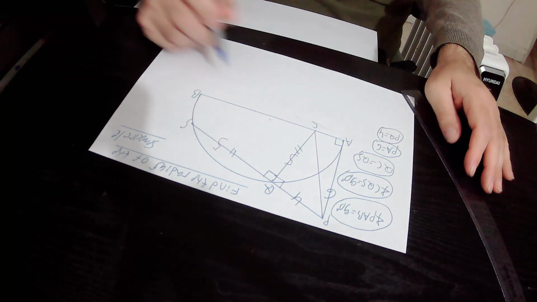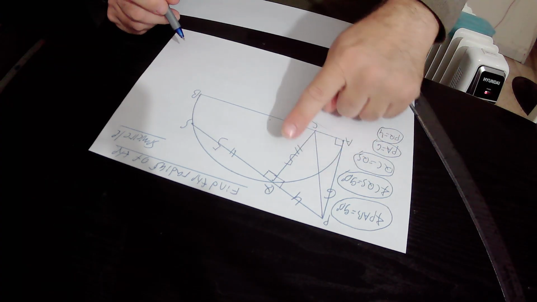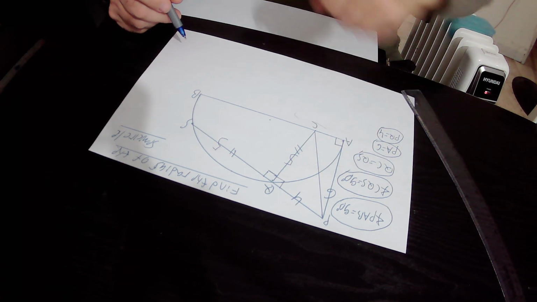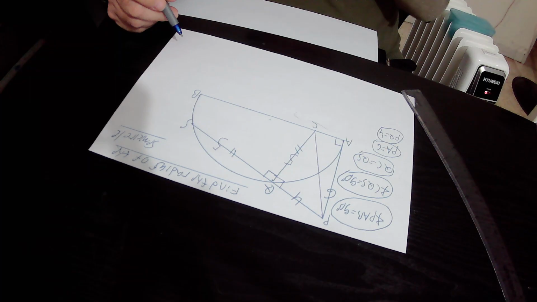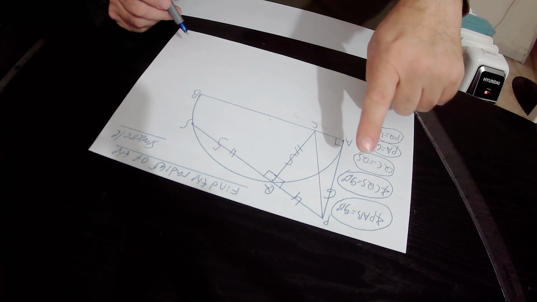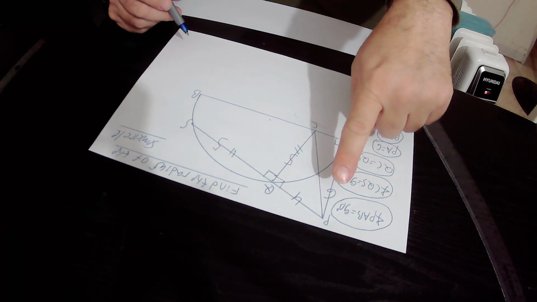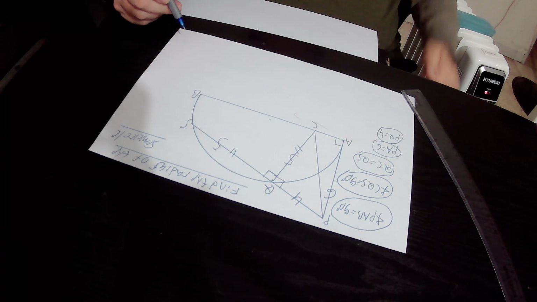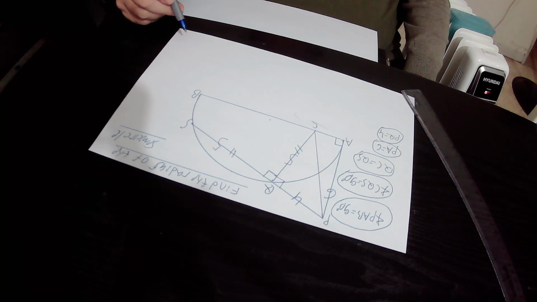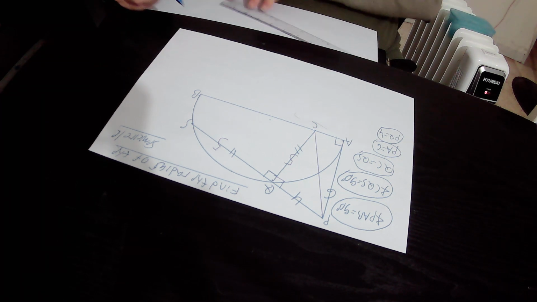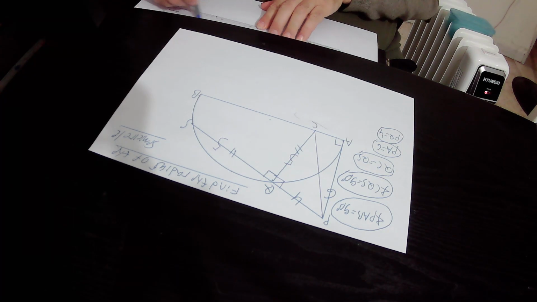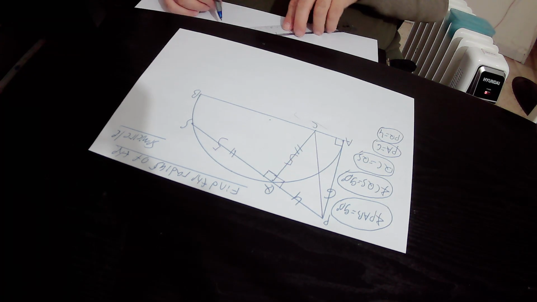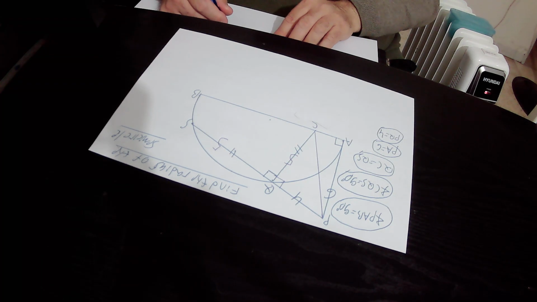And therefore, triangle PQC is a right triangle. So we will implement the Pythagoras theorem on the right triangle PQC. Okay. So I'll copy the right triangle PQC in a new page, and we'll implement on this right triangle PQC the Pythagoras theorem.